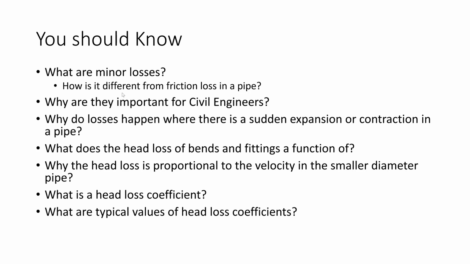This depends on the radius of curvature and the diameter of the pipe, or the ratio of the radius of curvature to the diameter of the pipe. Why is the head loss proportional to the velocity in the smaller diameter pipe? Because the smaller diameter gives us the larger velocity, which is the controlling velocity. And what is a head loss coefficient? What are the typical head loss coefficients for various bends, fittings, expansion and contraction?